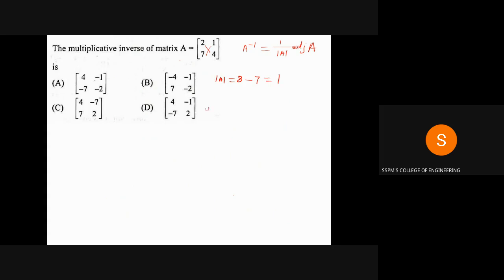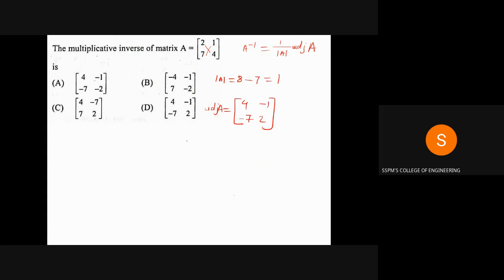And how do we find adjoint of A? We just computed adjoint of A for a matrix in the previous example. This 2 and 4, they will interchange their places. The 4 comes here, 2 goes there, and 1 and 7 will have negative signs. Minus 1, minus 7.